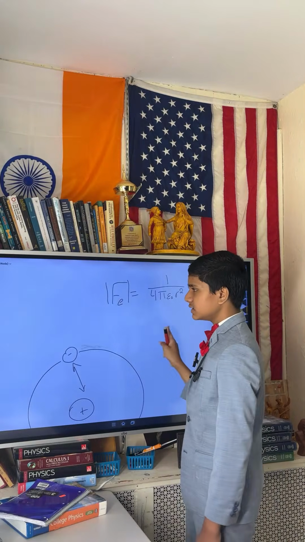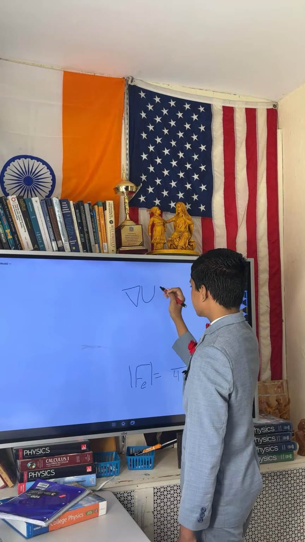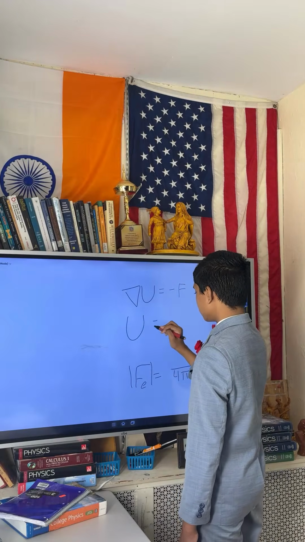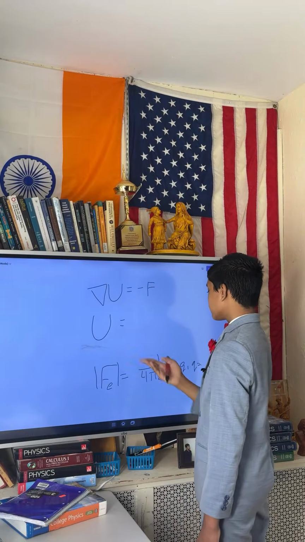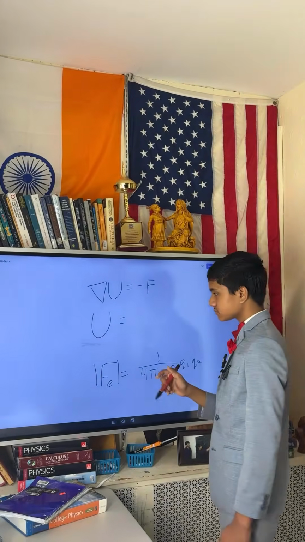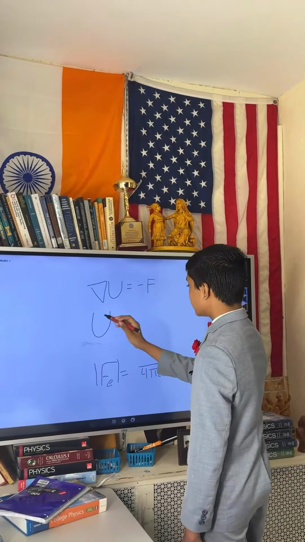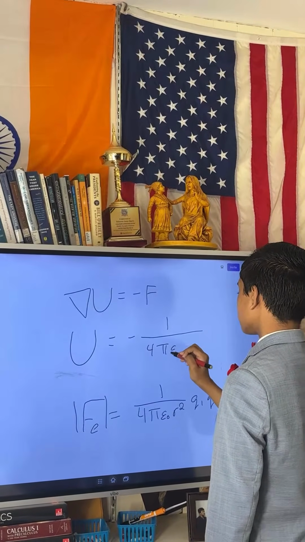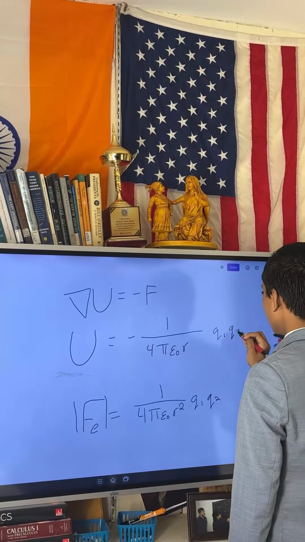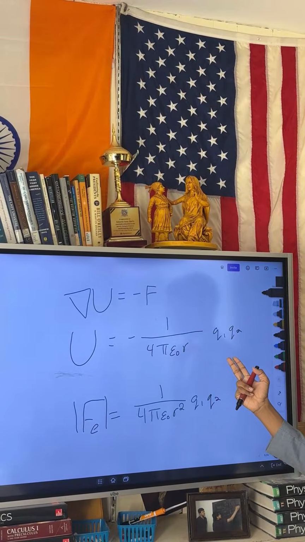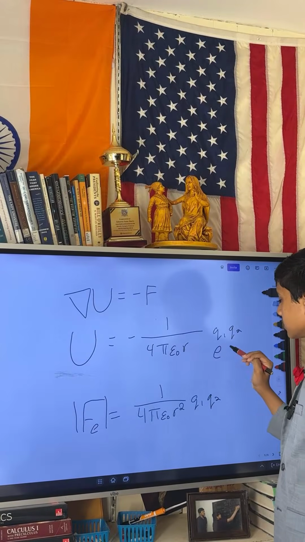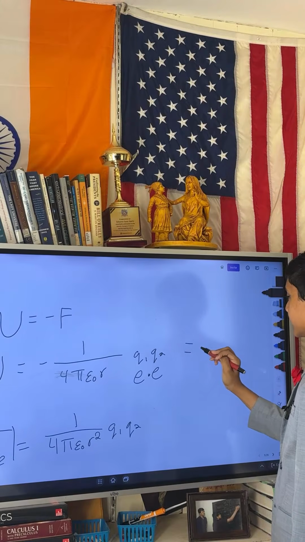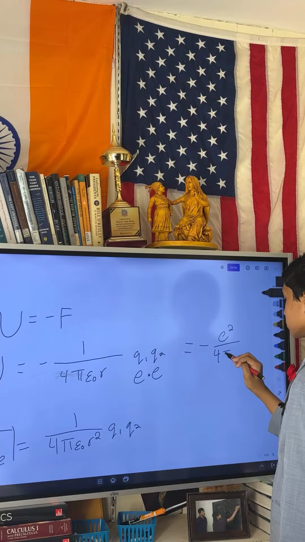And since the gradient of u is the negative force, and the gradient is kind of like just taking the derivative with respect to r, we get u is equal to minus 1 over 4 pi epsilon naught r q1 q2. And in the case of the hydrogen atom, what is q1 and q2? Well, the charge of the proton is e, unit charge. The charge of the electron is e. So that means that this is just minus e squared over 4 pi epsilon naught r.